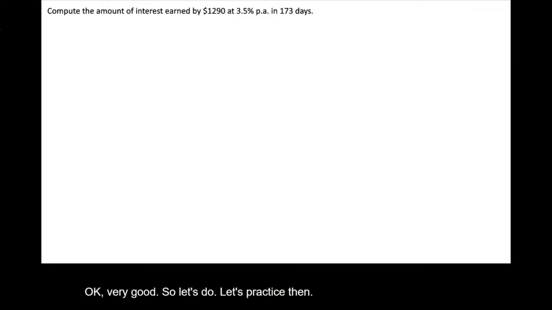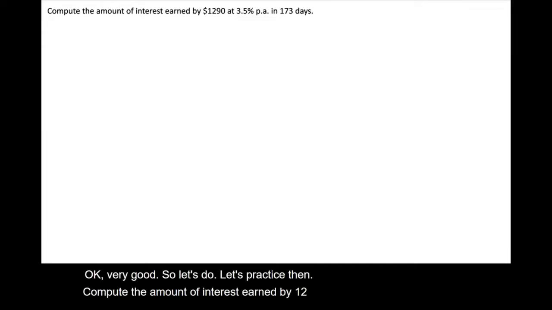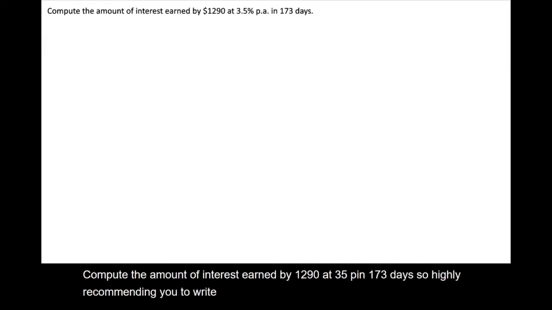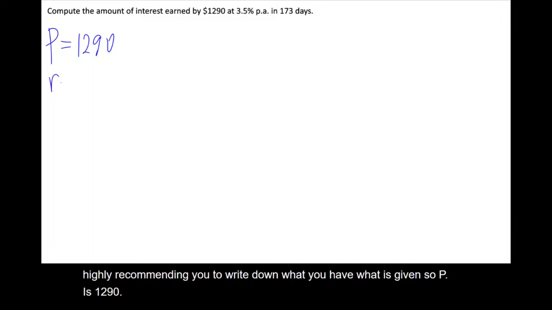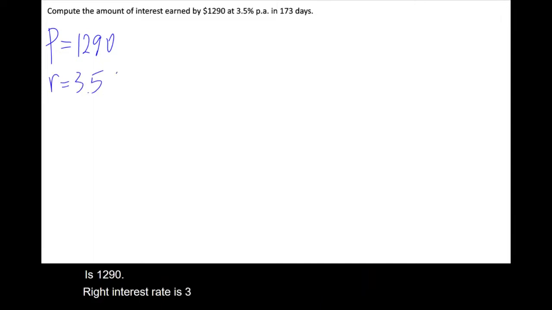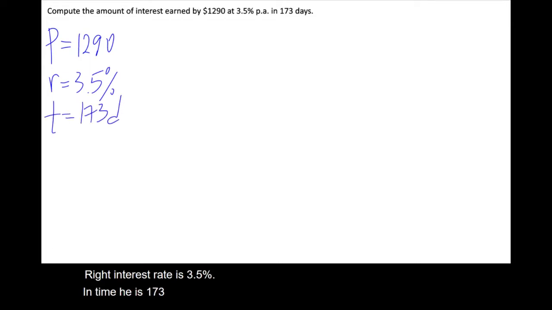Compute the amount of interest earned by 1290 at 3.5% P in 173 days. I highly recommend you write down what is given. P is 1290, interest rate is 3.5%, and time is 173 days. So the interest amount we can find using formula PRT.